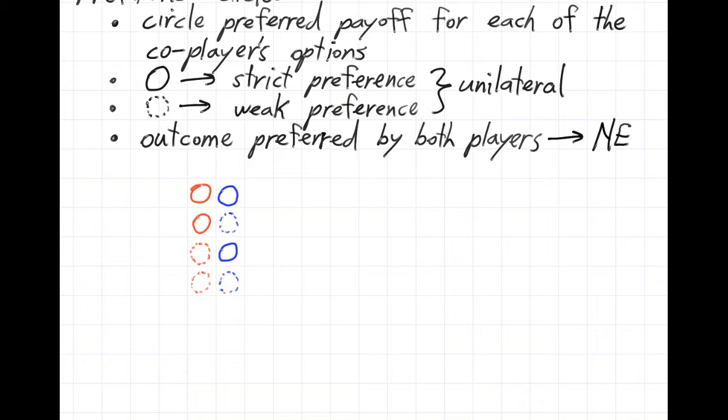So these are the four possible combinations of circle. If both payoffs in an outcome have solid circles, then both players strictly prefer this outcome, which means it's a strict Nash equilibrium. If one or both of the payoffs is dotted, that means that's a weak preference, and we have a weak Nash equilibrium.